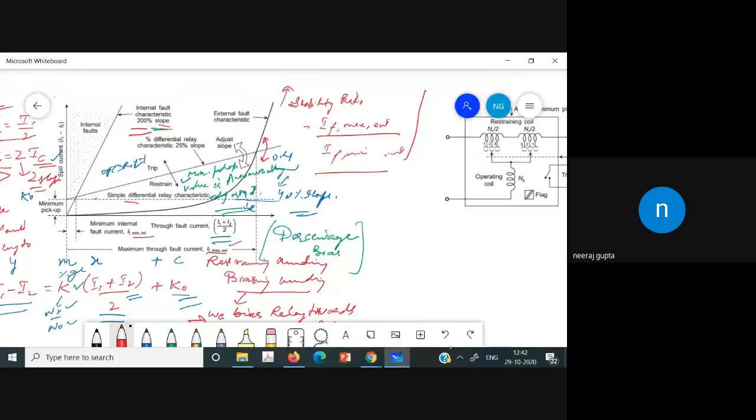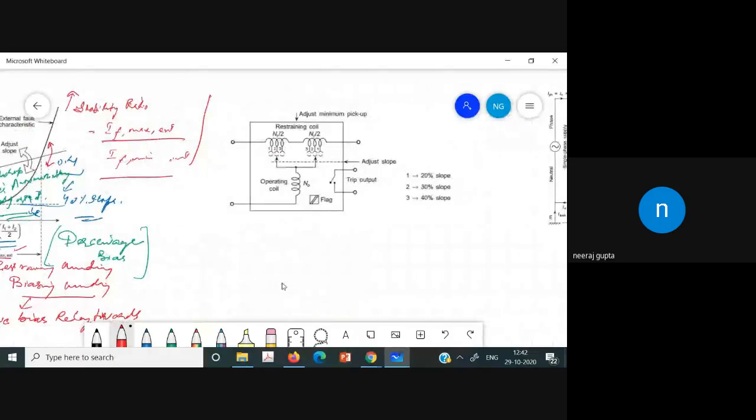Now, the block diagram of the percentage differential relay.